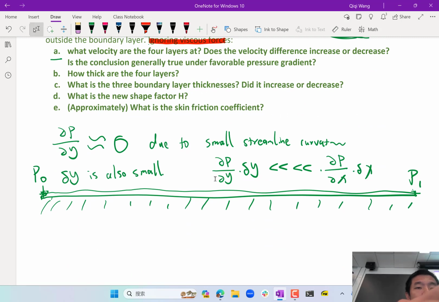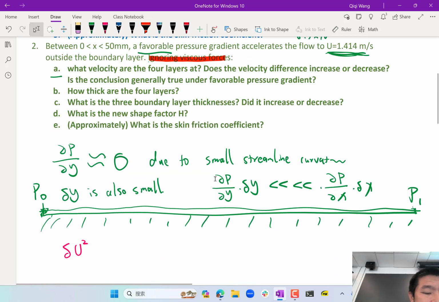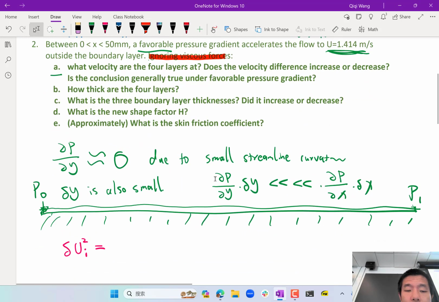Okay, so we know that delta u squared on the outermost layer is equal to, well, I put a convenient number here, right? The 1.414 is square root of 2, so it's actually 2 minus 1.